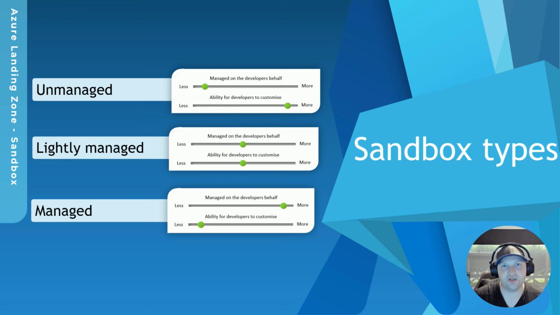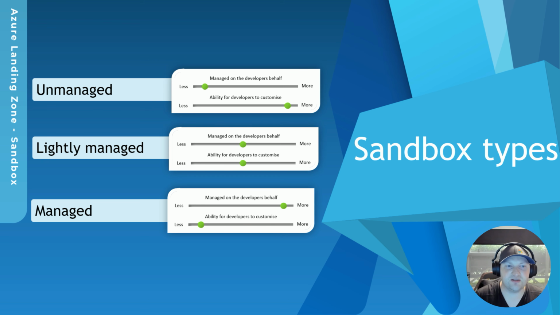With lightly managed, which is just resource group scope, the sandbox type is a bit more constrained. So people can't deploy across resource groups. People may have issues with access to some things because of RBAC and things like that, because they're just constrained to that one resource group.